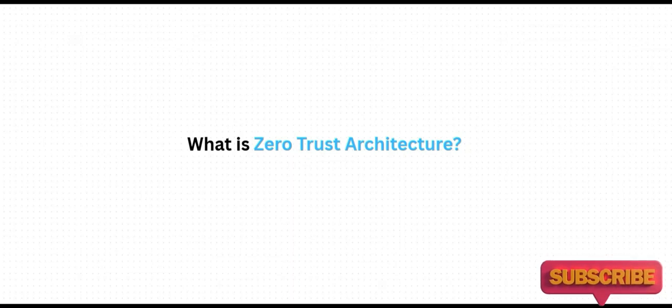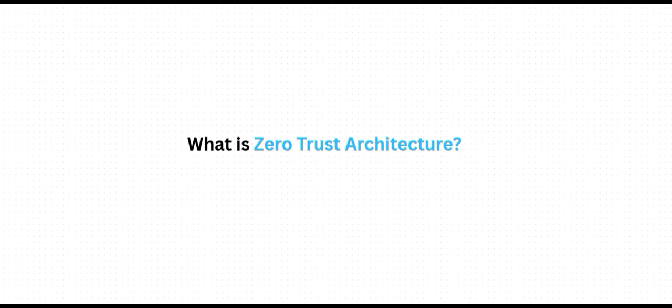Today we are going to talk about Zero Trust architecture, one of the hottest and most crucial topics in the world of security. So in this video, first we'll try to understand why Zero Trust architecture came into the picture, then we'll look at the traditional security models that existed before Zero Trust. After that, we'll discuss the problem with the old models and why they fail in today's modern environment.